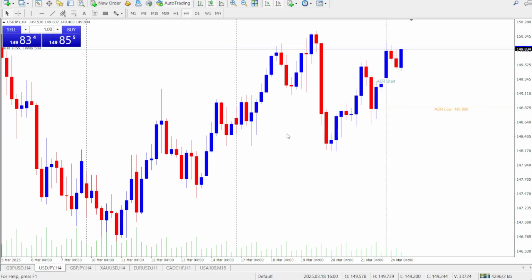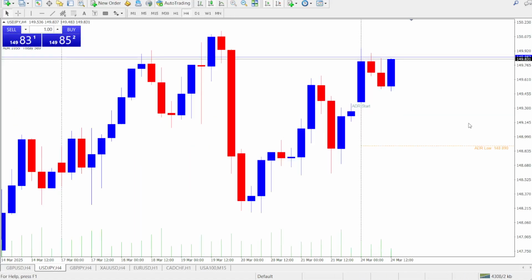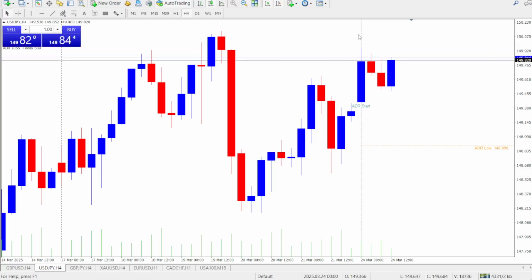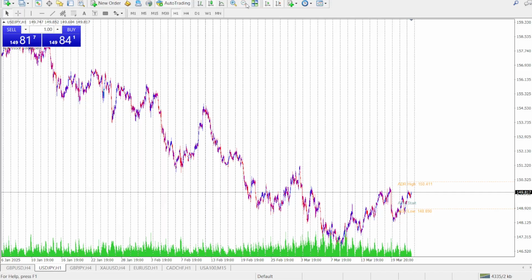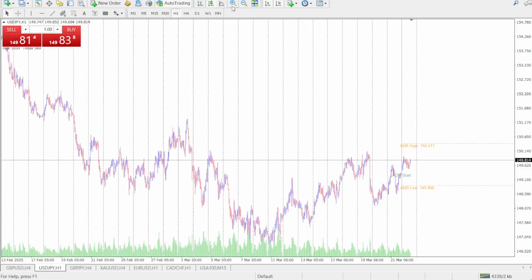It is an indicator that calculates and displays the expected market range for the day, along with current trading range data.